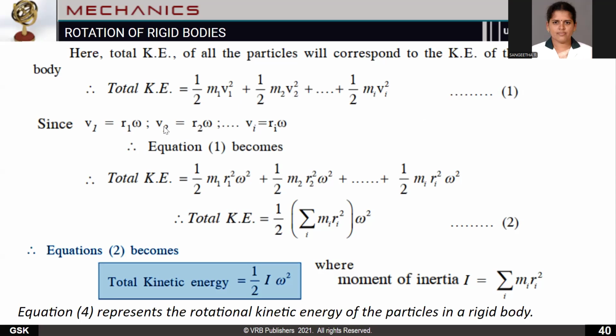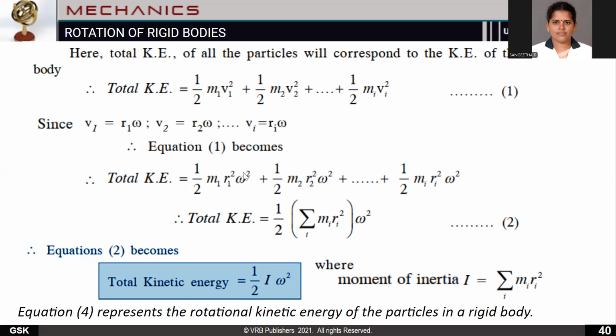What is v1? r1 omega. What is v2? r2 omega. What is vi? ri omega. Substituting these values in the above equation 1, we get the total kinetic energy as half m1 r1 square omega square plus half m2 r2 square omega square, etc. up to half mi ri square omega square.